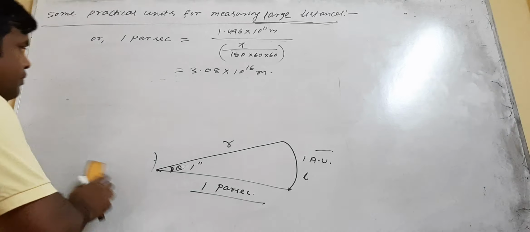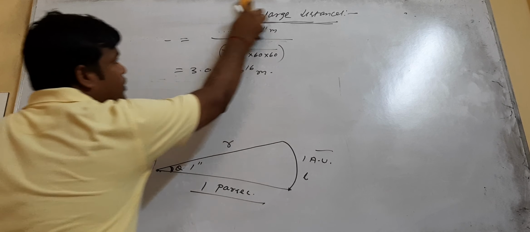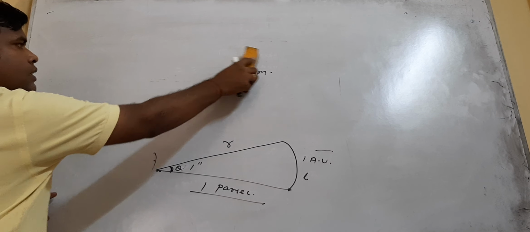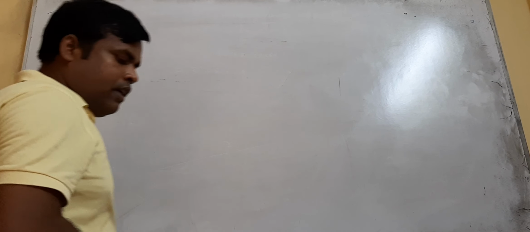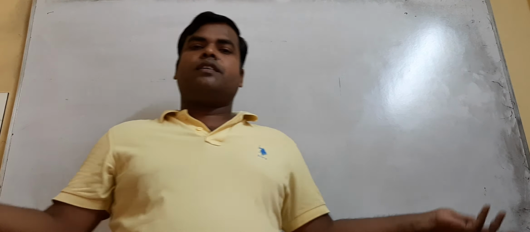Now come to how to measure this large distance. You cannot measure the distance between the sun and the earth by using a measuring tape or measuring scale. We have to adopt an indirect method to measure these large distances.